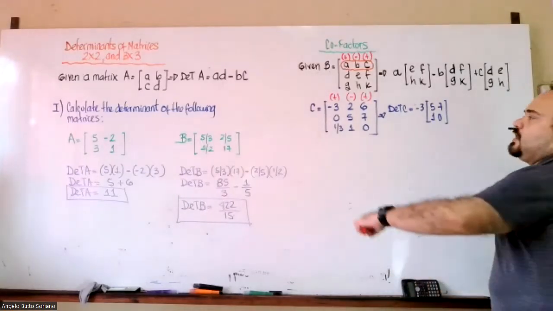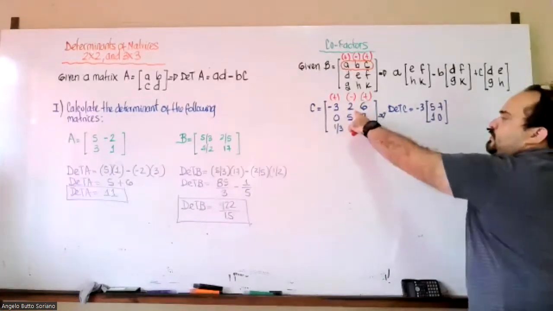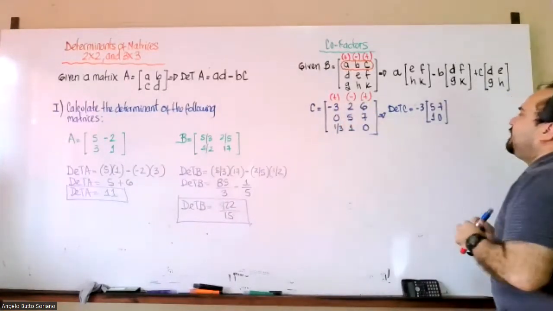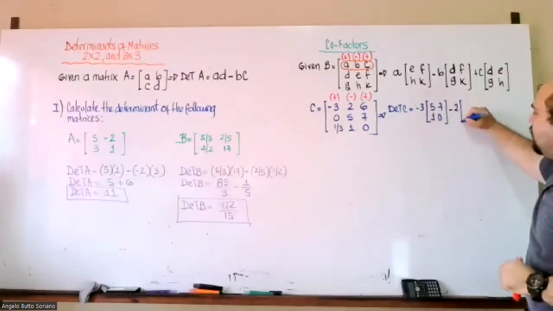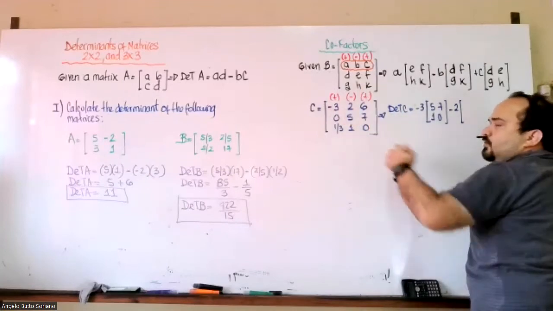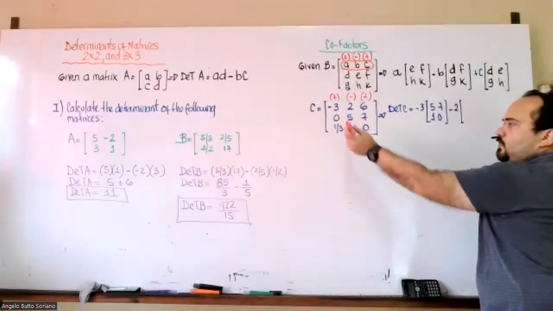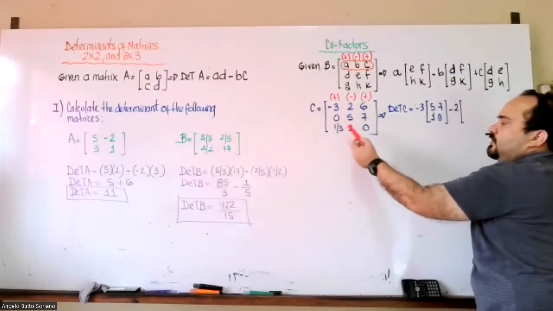Now the second one will be the number 2. Positive times negative will be negative, right? Open the brackets. The row and the column where the number 2 is located will disappear, and the remaining numbers are 0, 7, 1/3, and 0.